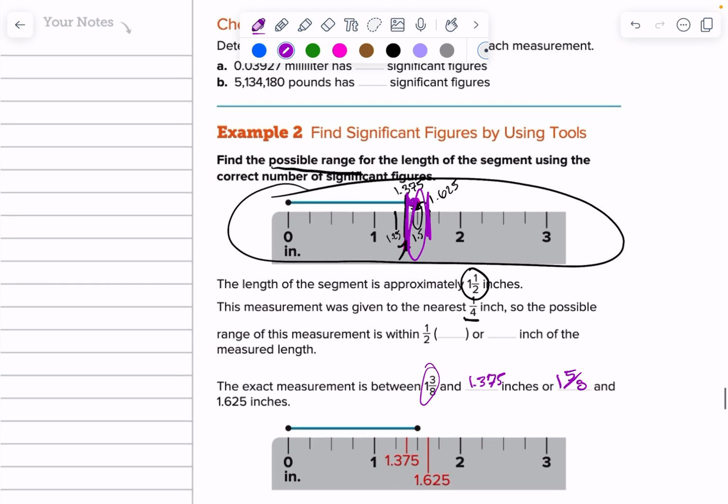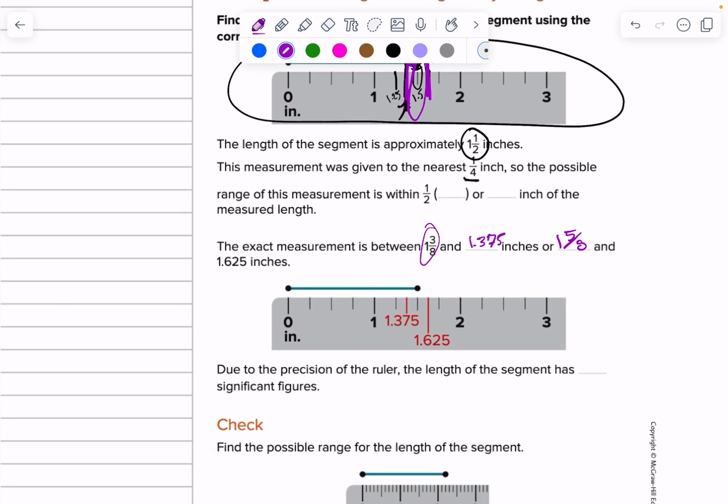We'll do another one here, and you can kind of see the trend. Again, anywhere between those two, it's going to round to this marking right here. If this dot was actually here, it would round to this one. If the dot was outside of here, it's going to round to that one. But if it's in between those two, it's going to mark there. Due to the precision of the ruler, the length of the segment actually has 4 sig figs, because each one of those numbers has 4 significant digits.